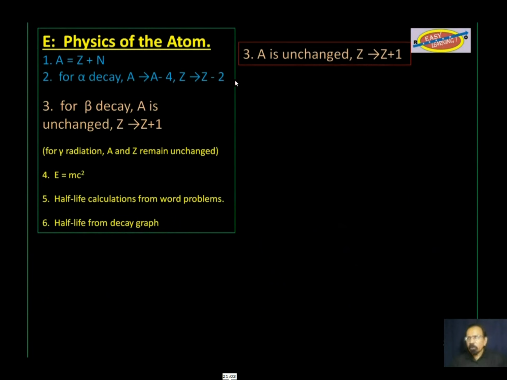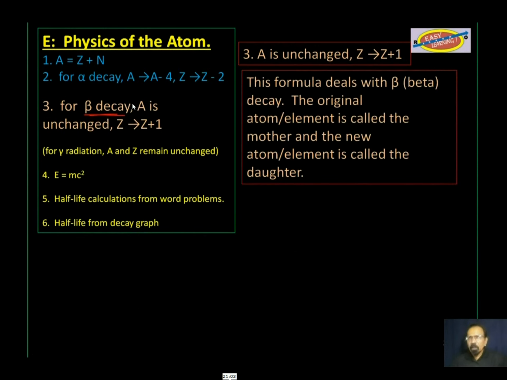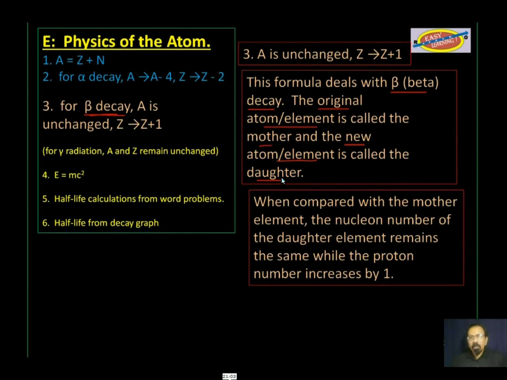Now we come to beta decay. Now this formula deals with beta decay. The original atom or element is called the mother, as we already know, and the new atom or element is called the daughter. When compared with the mother element, the nuclear number of the daughter element remains the same, while the proton number increases by 1.